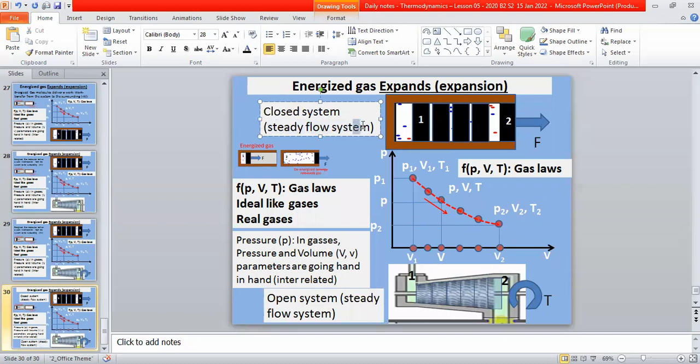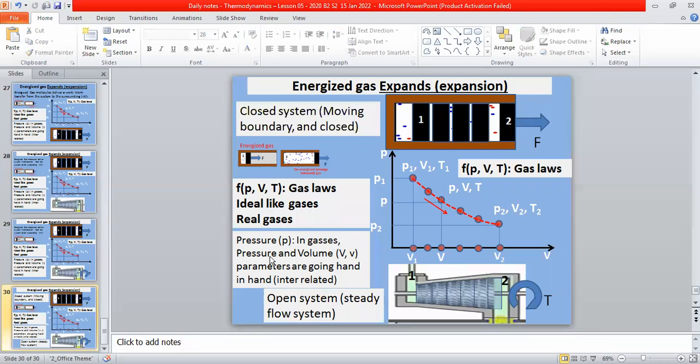So no steady flow, so no flow. Closed means the boundary is closed, but one side is moving. So moving boundary and closed. If no moving boundary, no chance to expand.